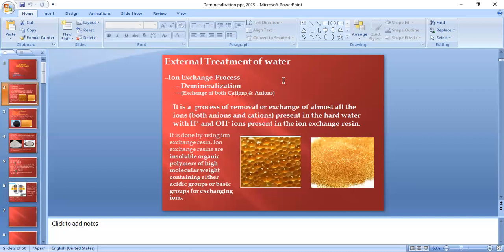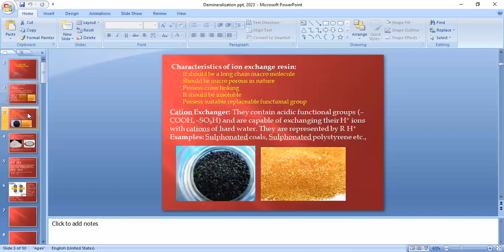Basically, it is an organic material, in general insoluble, organic, high molecular weight polymers, cross-linked and microporous in structure, and capable of exchanging H+ ions and OH- ions with the hardness causing cations and anions which are already there in the water. You can see some examples of the resin in the diagram.